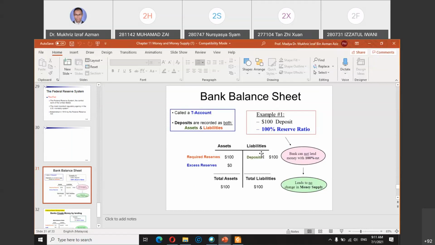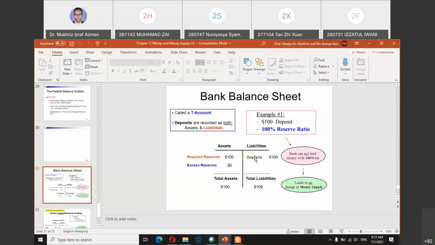The bank makes use of your money to generate income. The bank's assets are the reserves, excess reserves or required reserves, and the loans. Basically the loans you take from the bank are their assets, but deposits you put in the bank are their liabilities. So it's the other way around.